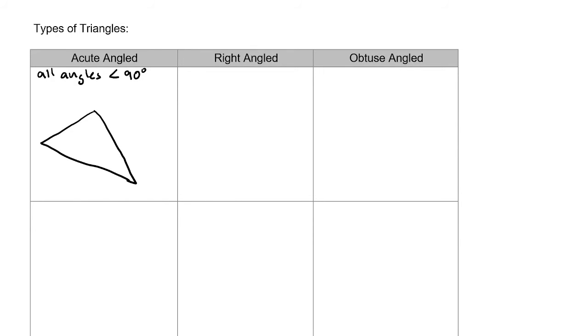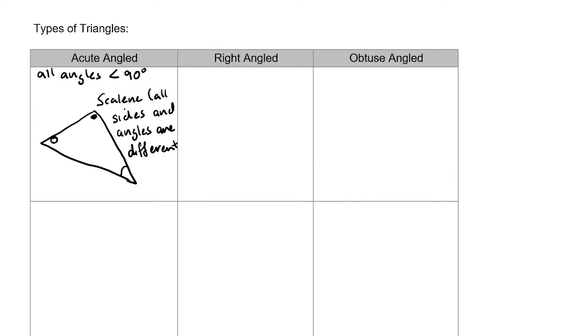My poorly drawn scalene triangle, where this angle will be different to this angle, which will be different to that angle. Same with all the sides being different. So this is the scalene triangle. All sides and angles are different.